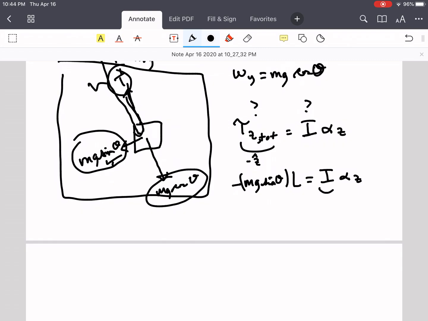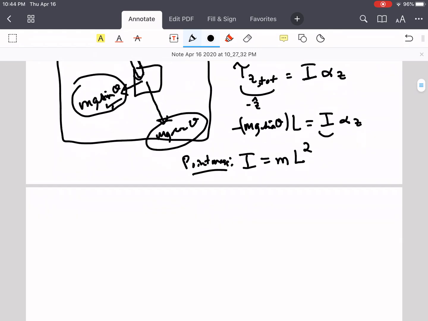What about the moment of inertia? This is a point mass at a distance r. That is a moment of inertia we know and love. So of a point mass, the moment of inertia is m times the radius squared, so m times L squared. And if I plug that in, I get negative mg L sine theta on my left is equal to the moment of inertia I, m L squared, times alpha z.